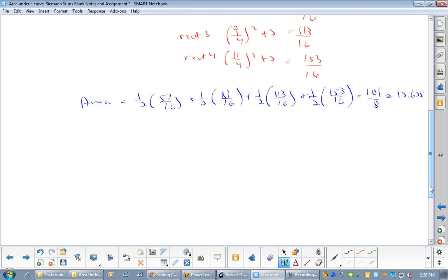So the general formula would be (b - a)/n times y at 1/2, plus y at 3/2, plus y at 5/2, all the way to y at (2n - 1)/2.